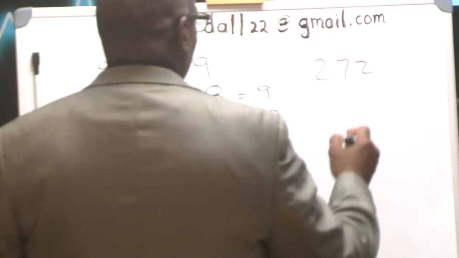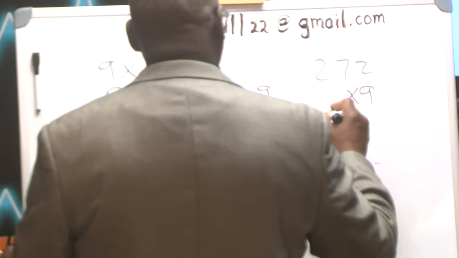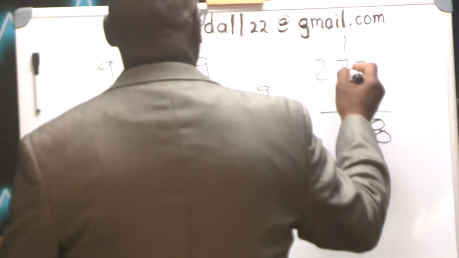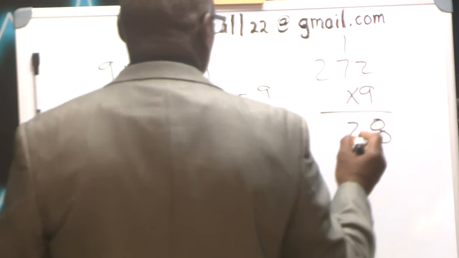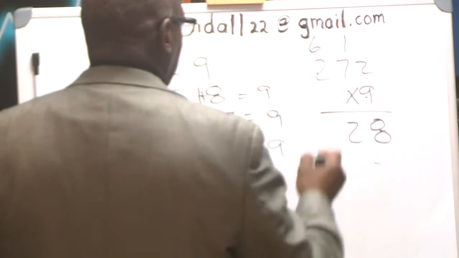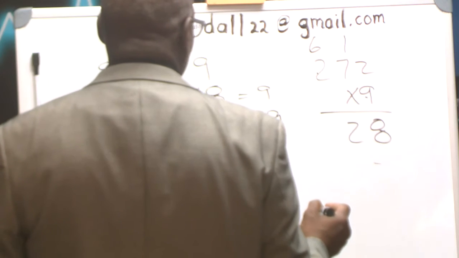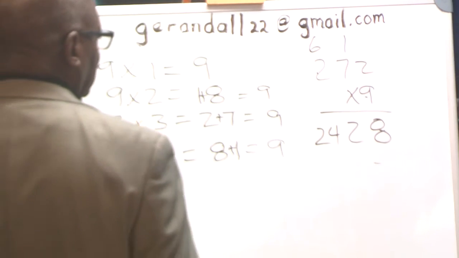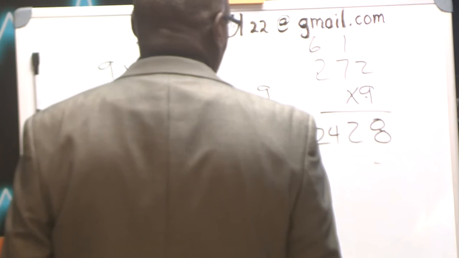272 times 9. 18, carry the 1. 63 plus 1 is 62. 18 plus 6 is 24. Now, let's make sure we've done everything right.